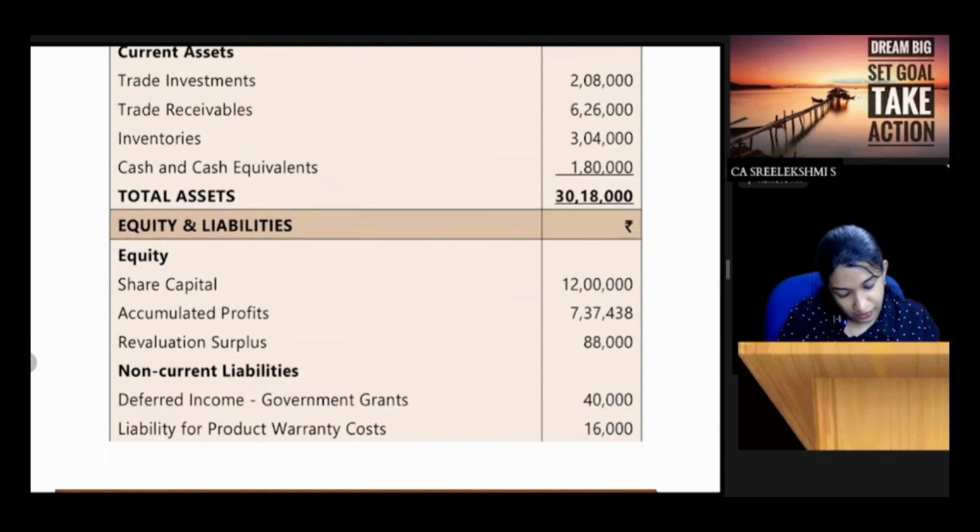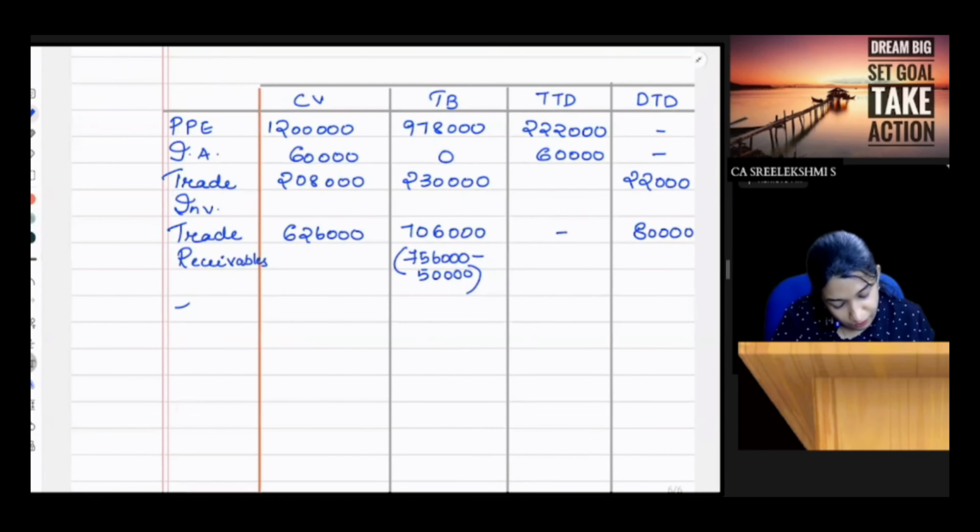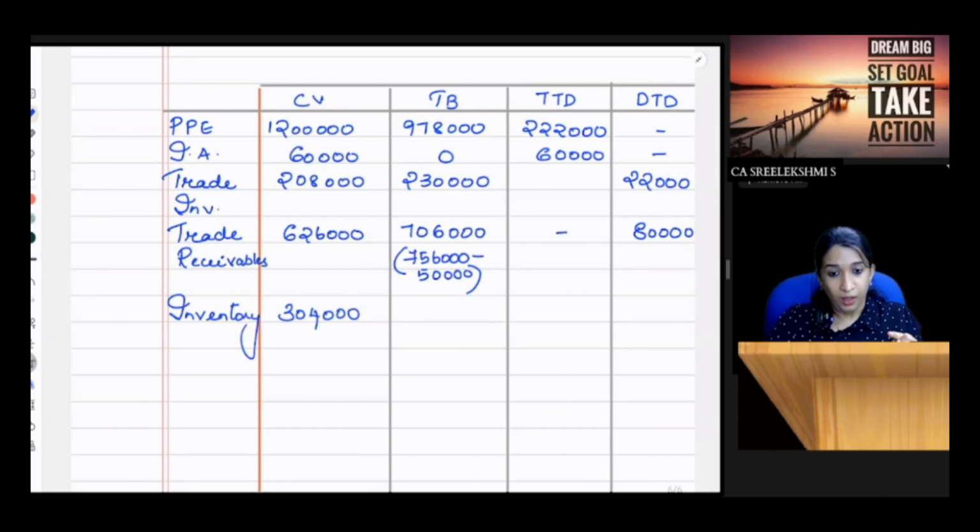What is the amount of inventory? 3,04,000 is inventory. On inventory, they have created provision. Carrying value is 3,04,000. But there is a total provision of 18,000 on inventory, but such a provision is not there in the tax records. So 3,04,000 plus 18,000, 3,22,000.